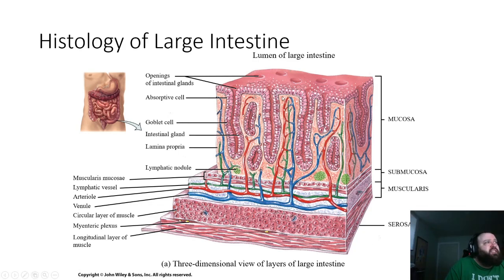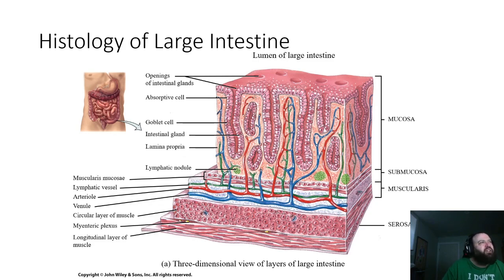There's no projection, so there's no need for villi. There's no need for microvilli here because there's very little secretion and absorption taking place in the large intestine. The infoldings you see, in which the epithelium penetrates into the lamina propria, are called intestinal glands, which are responsible for secreting various materials into the large intestine.